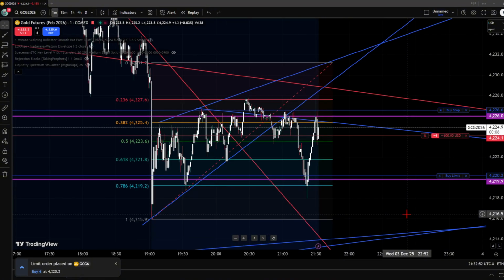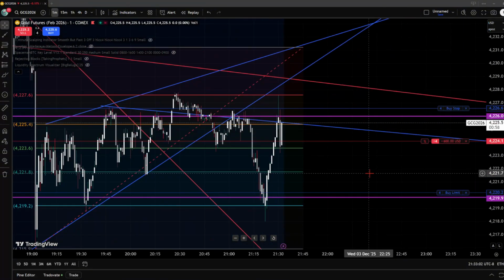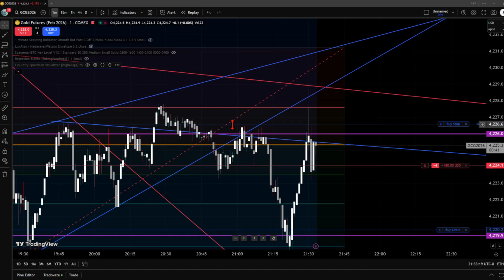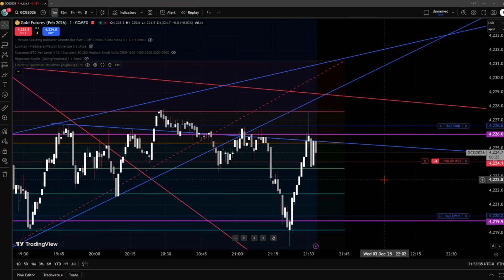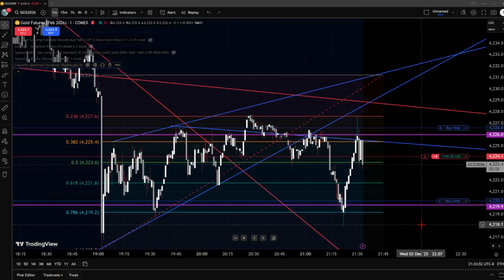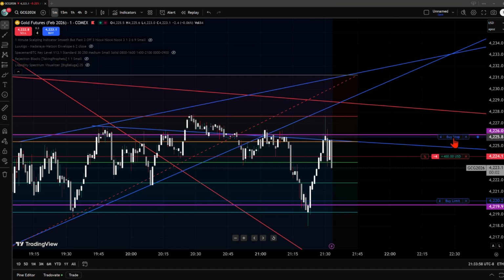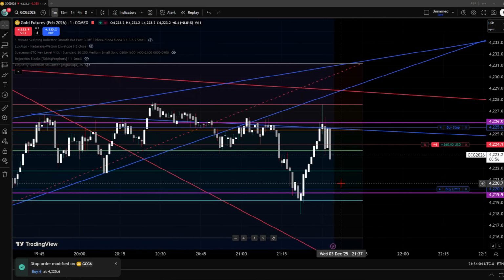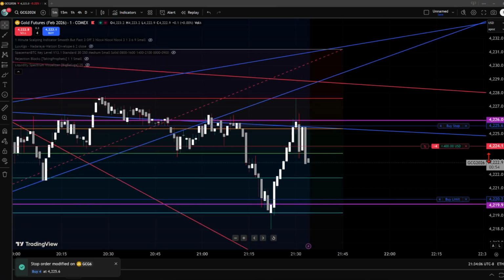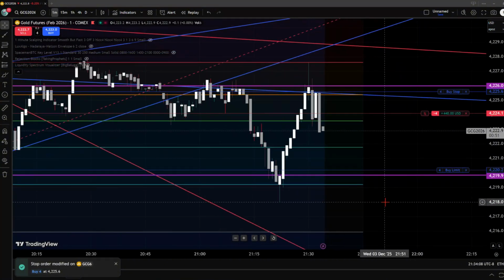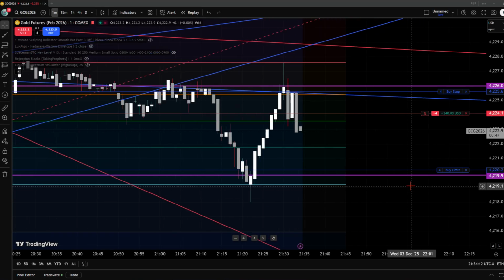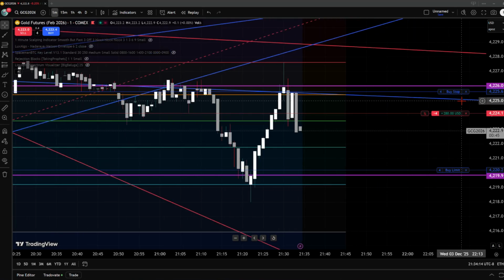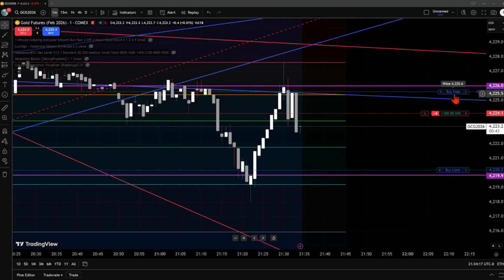Here's the buy limit. I'm going to move the buy limit down a little bit, just behind these candles that obviously created a bit of a wall there. Minimizing our risk.